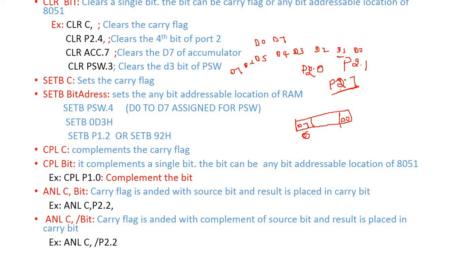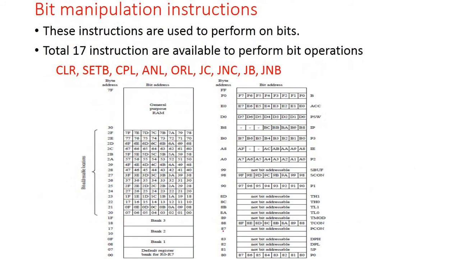Earlier I said that this bit manipulation instruction works with a direct address. So here we can use special function registers by name, or we can use the address of those special function registers.